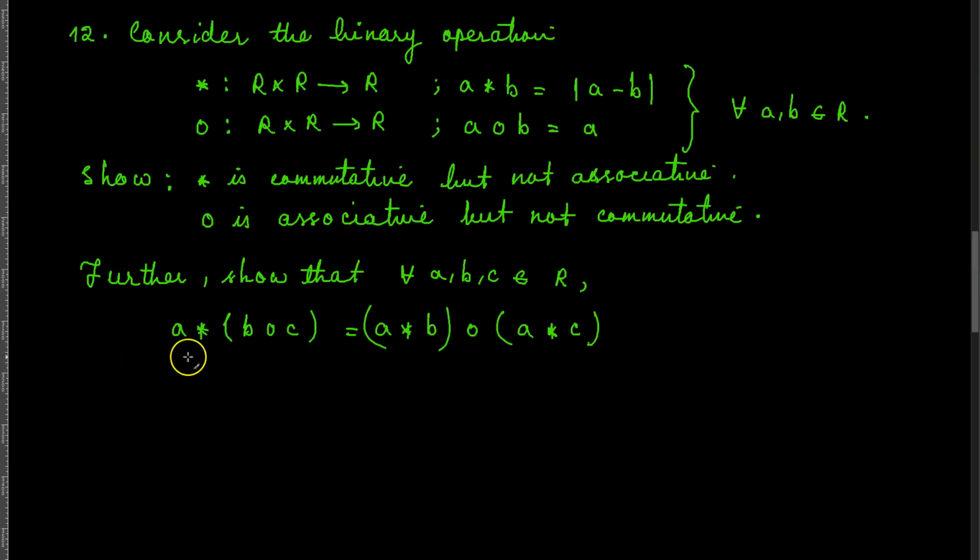Now, if that is the case, as a side note, we say that the operation star distributes over the operation O. As you can see, (a star b) O (a star c) means that star distributes this way over O, right?